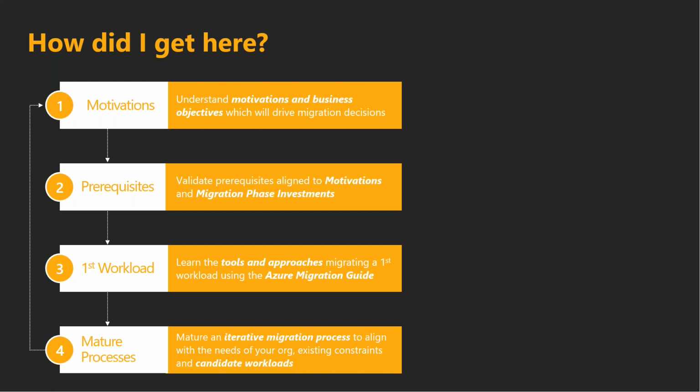The first step really is about the strategy and understanding what it is that you need to do to accelerate and start that journey into Azure. That might be because you've got compelling business events, so you need to get out of a data center. You might have migration events, or you might have motivations that you want to innovate, or you want to save costs.